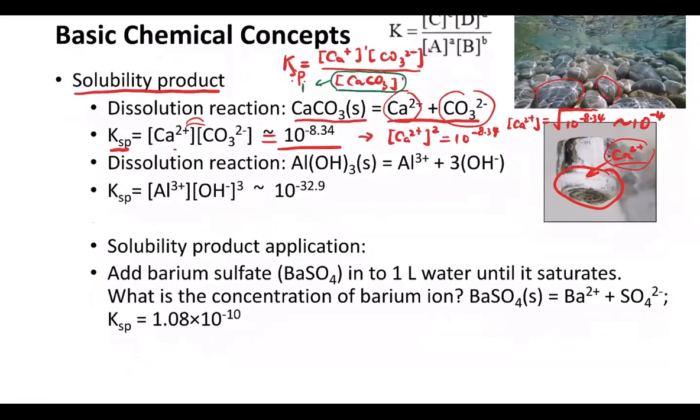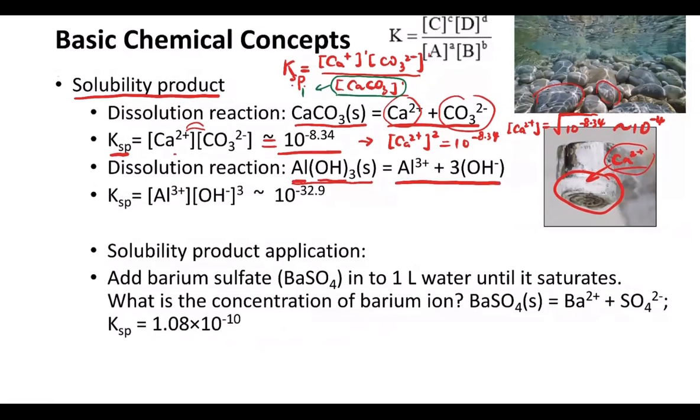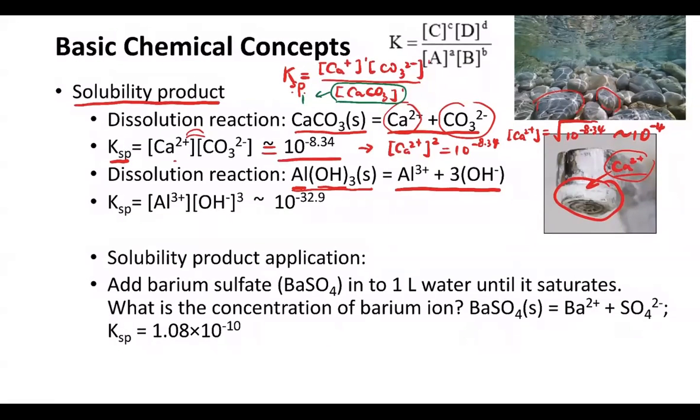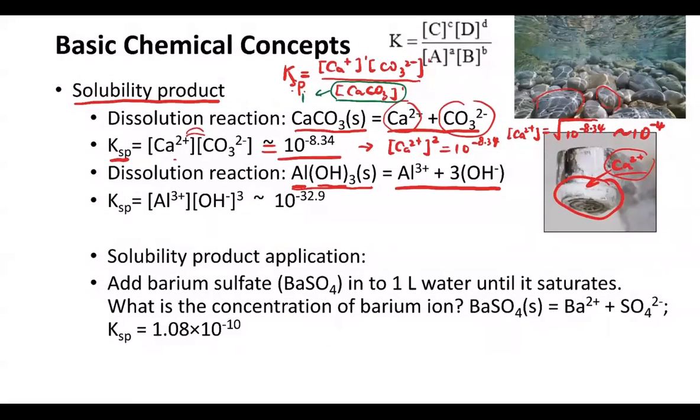Similarly, we can have the dissolution reaction of aluminum hydroxide. We know that aluminum hydroxide has a form of Al, and this is aluminum, and has 3 hydroxide ions, right? And then they dissolve following this reaction, okay? Similarly, we can write out the equilibrium constant, or more specifically, the KSP, the solubility product. Again, since this is a pure solid, the term in the denominator should be equal to 1.